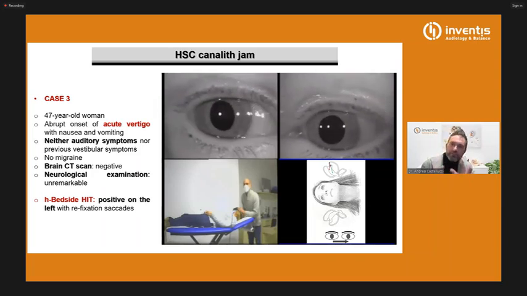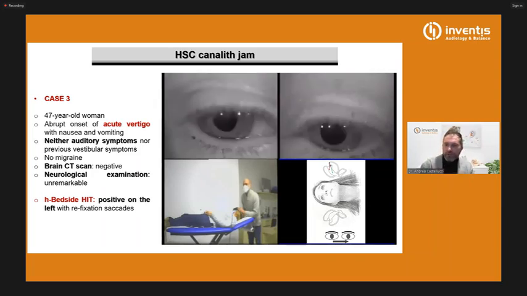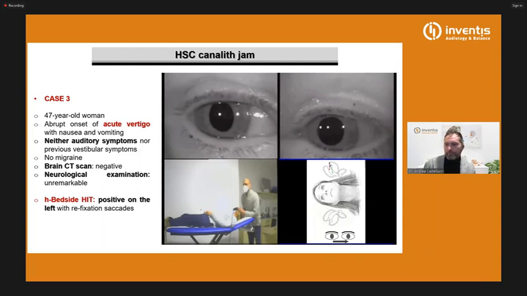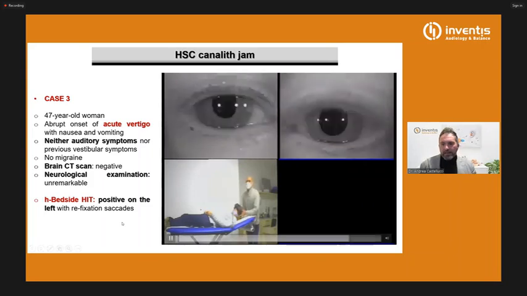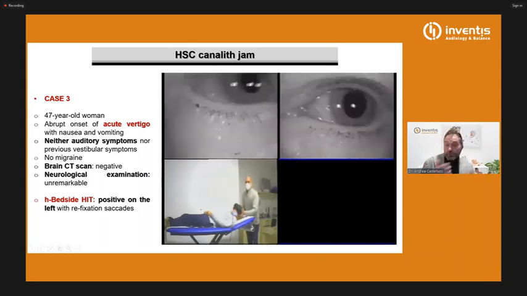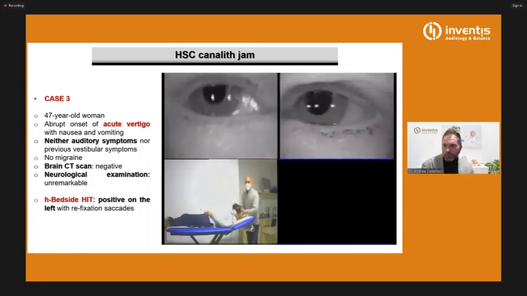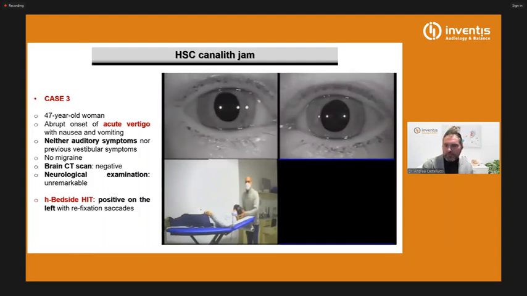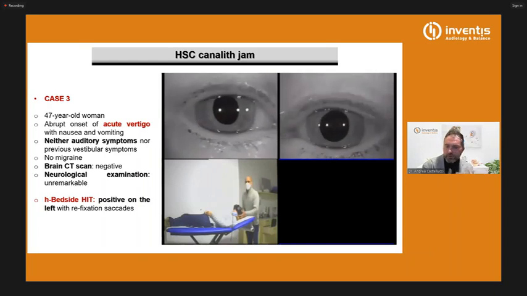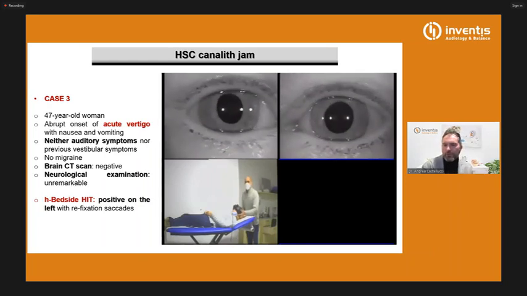So these are typical modulations of the canal gem in a patient with acute symptoms. He understood that it's a canal gem also because he already knew that there was a selective lesion of the horizontal canal VOR gain at the video head impulse test with normal cervical VEMPs and normal ocular VEMPs.